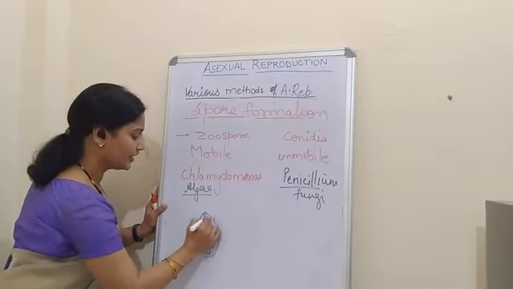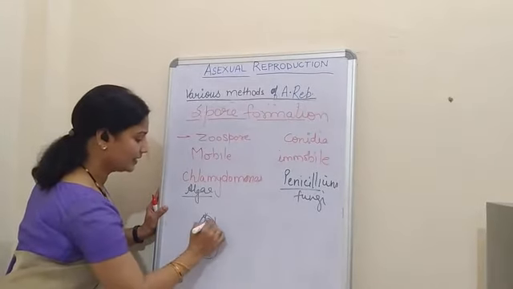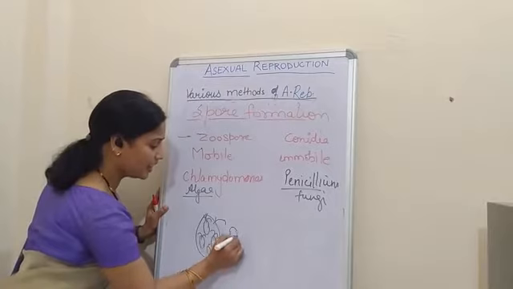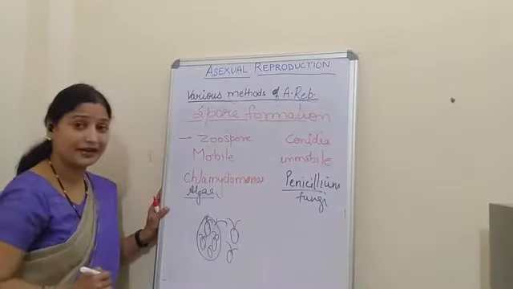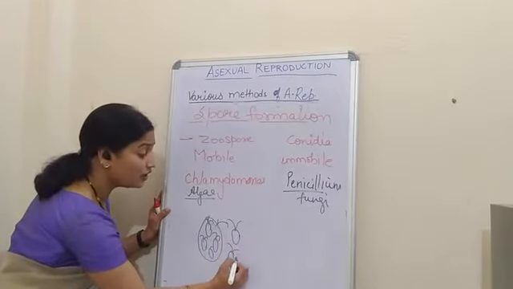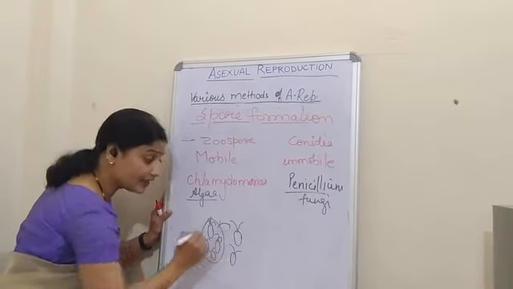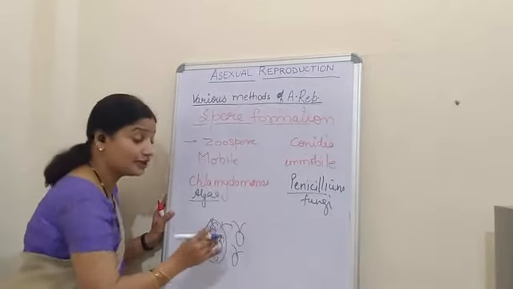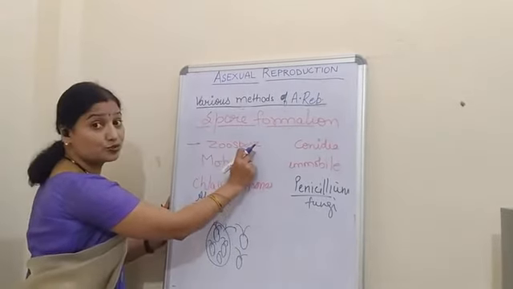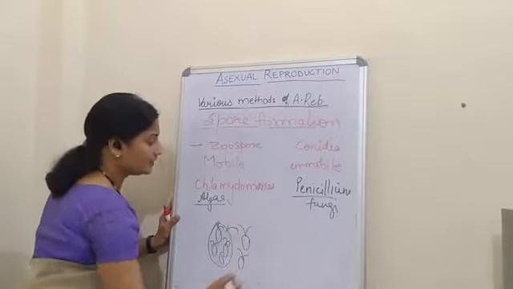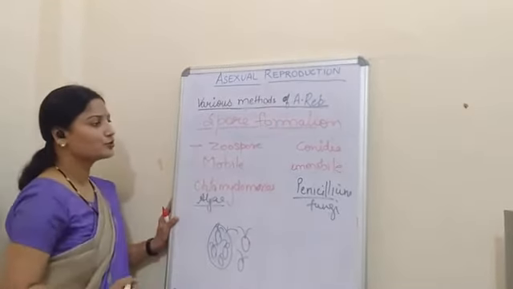They all will develop their flagella and then they come out and lead their life. Now these small spores contain flagella and they can swim in water, hence they are called zoospores. So this is the example of a zoospore.